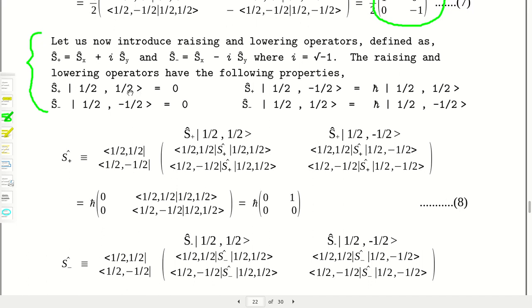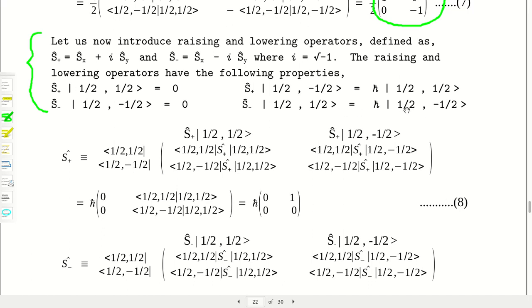So plus half cannot be raised, and the result is 0. Similarly, S minus operating on the minus half state cannot lower it further, so the result is 0, but S minus operating on plus half can lower the state to minus half by unity.